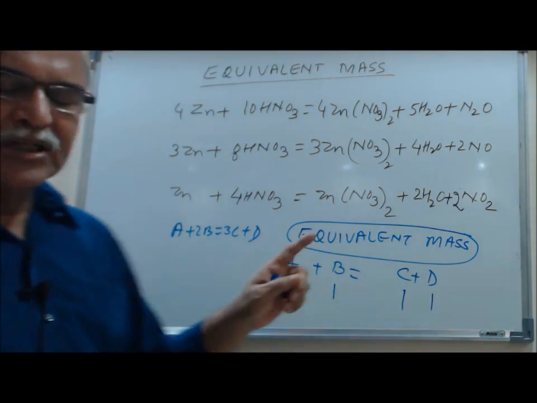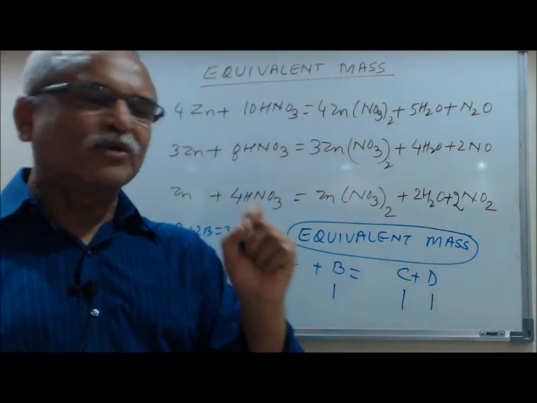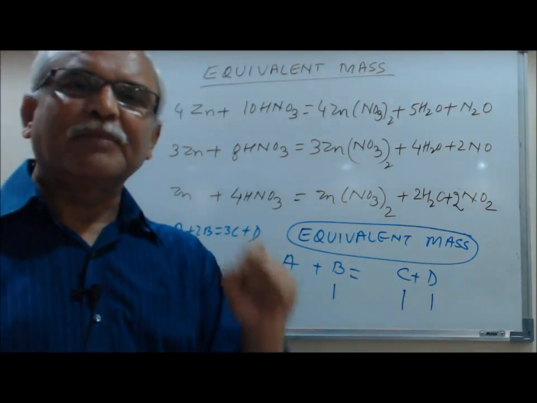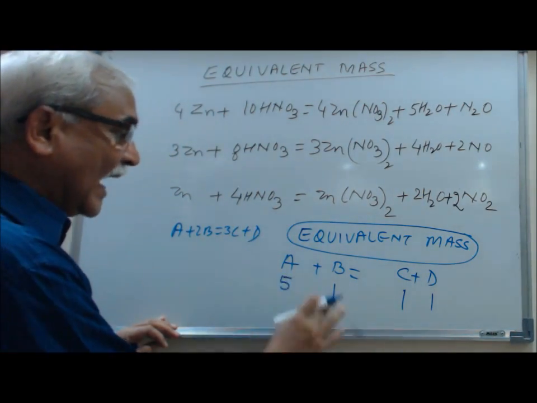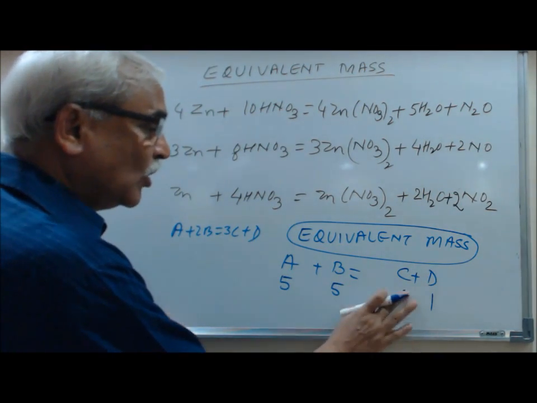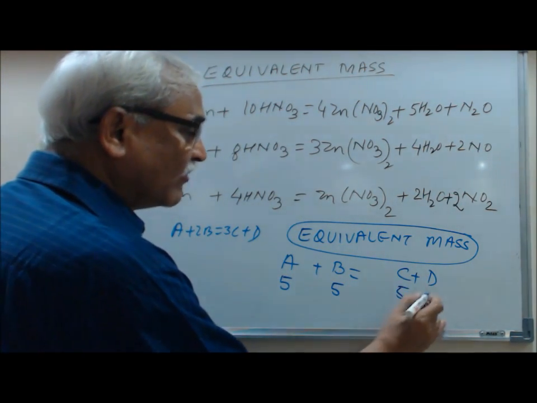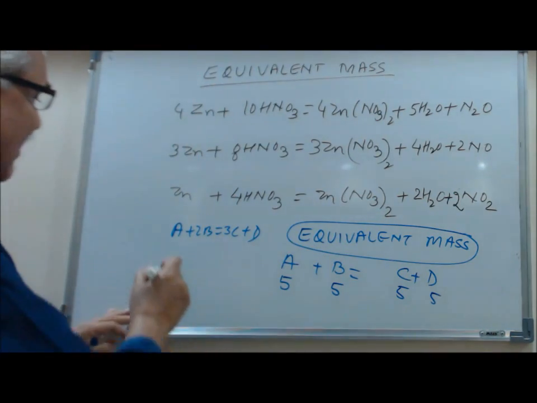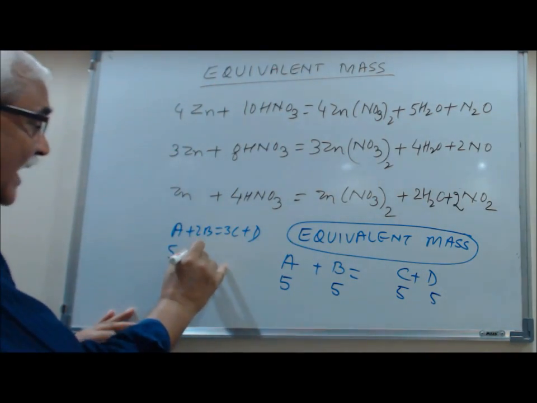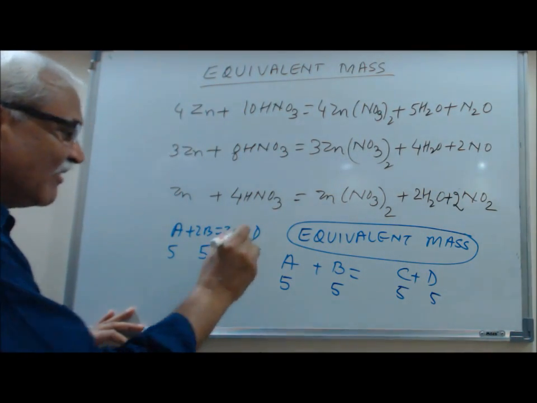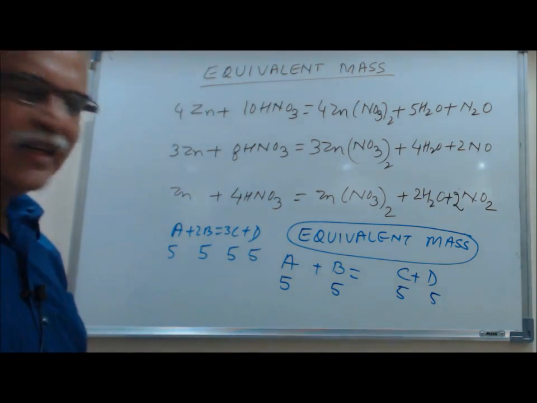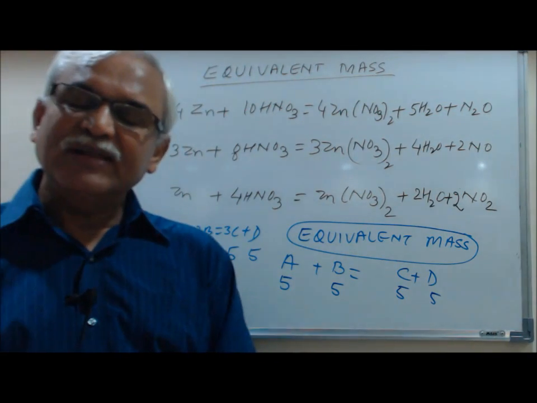In both the reactions, what is the same? If I take a certain gram equivalent of A, certain equivalent mass of A, suppose 5, in this also 5 of A has to react with 5 of B to give 5 of C and 5 of D. And here also 5 of A has to react with 5 of B to give 5 of C and 5 of D. Isn't this very, very convenient to work with?